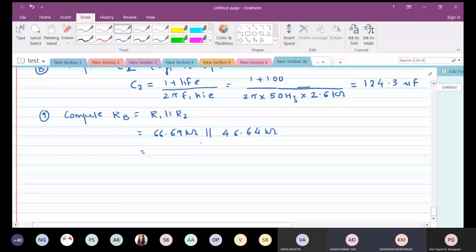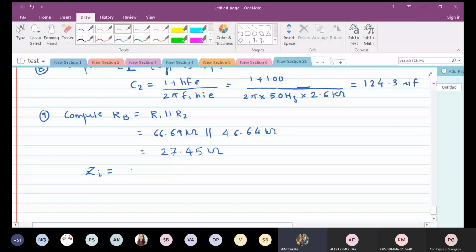Sir, it's 27.55 kilo ohm. I'm getting 27.45 kilo ohms. Is that right? Yes, sir. So now we have to find out Zi. What is Zi in case of common emitter amplifier with bypass RE? I suggest you make a table and put all the values over there.